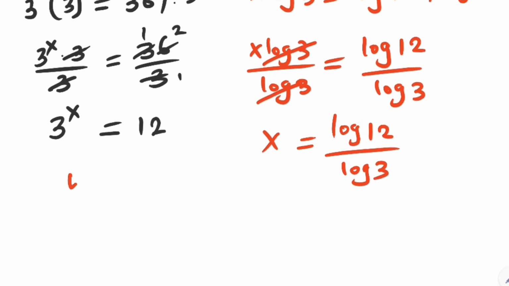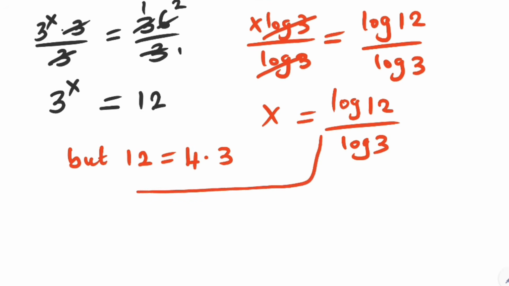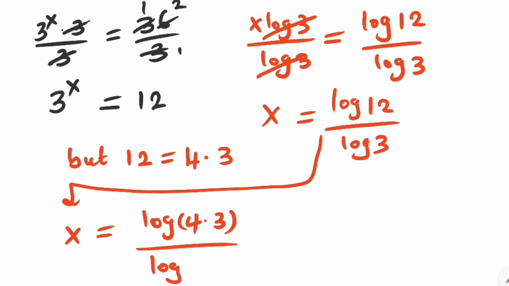But 12 is equal to 4 multiplied by 3. Then this can be written as x is equal to log 4 multiplied by 3 divided by log 3.